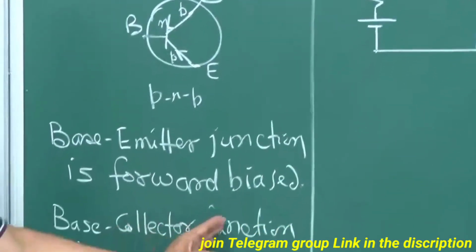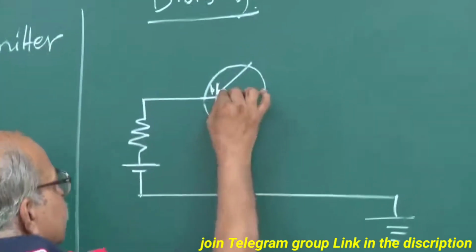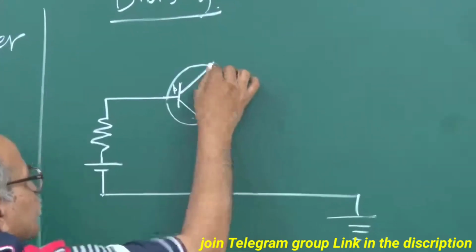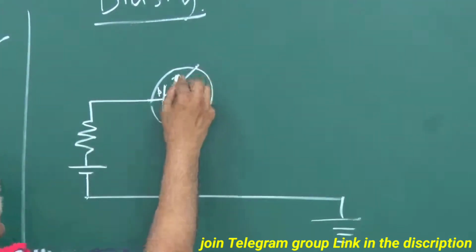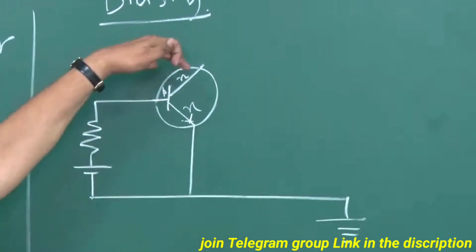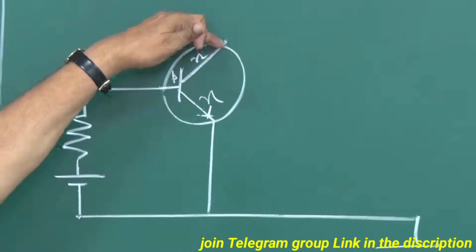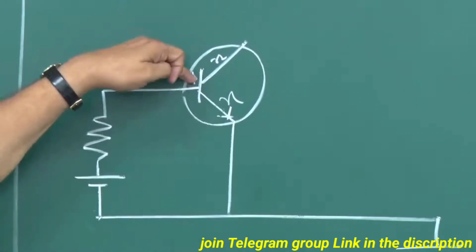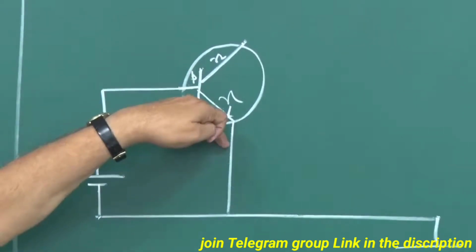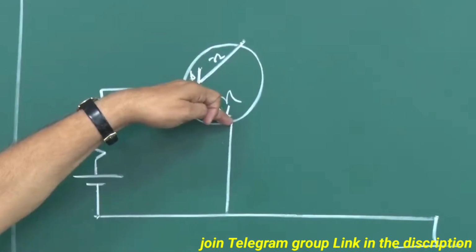And then base collector junction should be reverse bias. So here is the base and here is the collector, and this has to be reversed bias, and remember this is N, this is P, then this is N. It has to be reversed bias. So this N side should be at a higher potential than this P side, and this is at a higher potential than this emitter. So this should be at a higher potential than this emitter voltage.